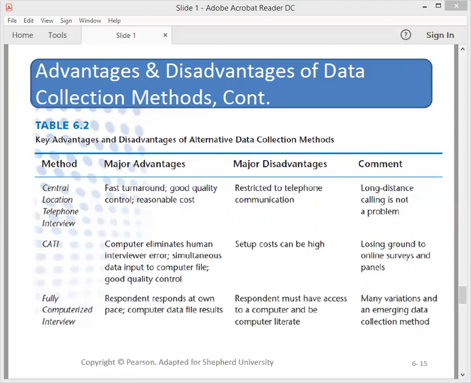It's restricted to telephones. A computer-assisted telephone interview: the computer helps reduce error, but the setup costs can be high. And then the fully computerized interview: respondents take it at their own pace, but they have to have computer savvy.